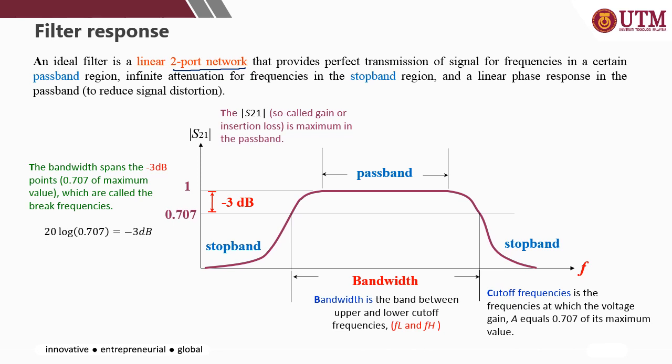In passive filter analysis, usually the filter will be characterized by using the transfer function, H(s) or H(j omega), the ratio between the output over the input. It can also be analyzed by using the attenuation or S21, which is also known as the gain or insertion loss analysis.